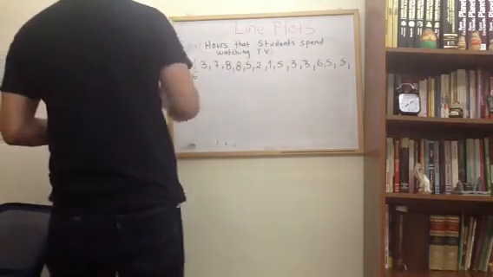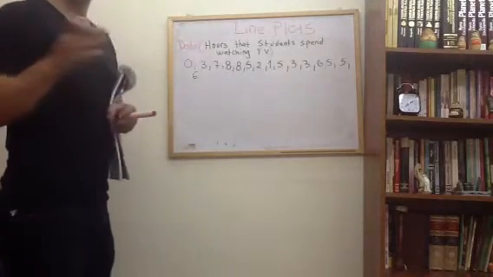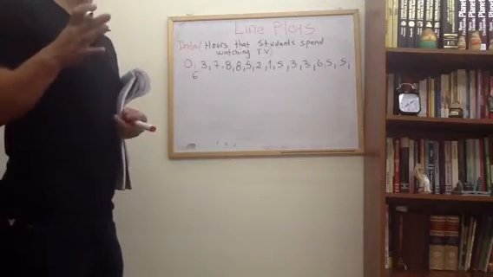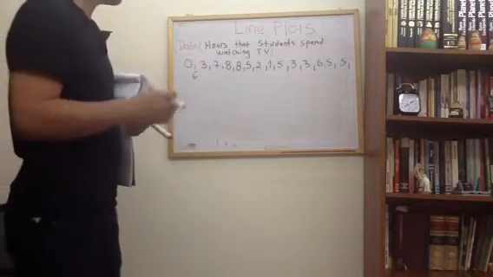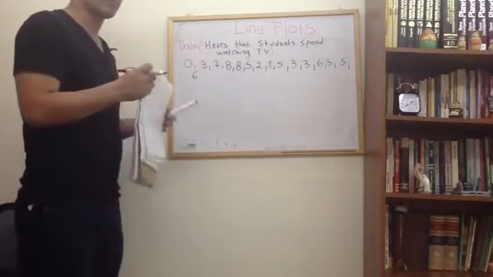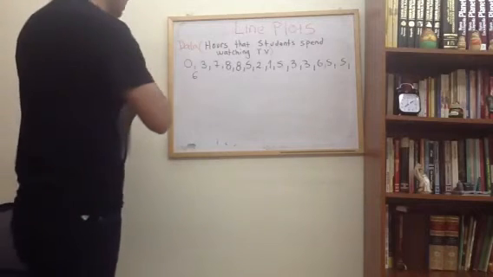So this is the data that we have. As I explained before, the first step that you have to do here is to organize the data. So this is the first thing you have to do. Let's organize our data.